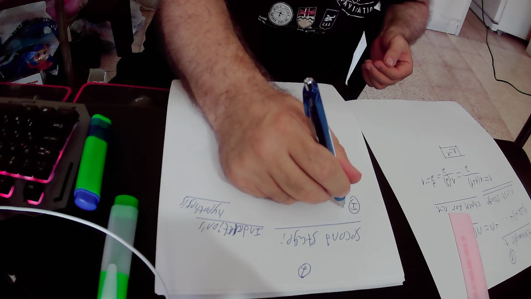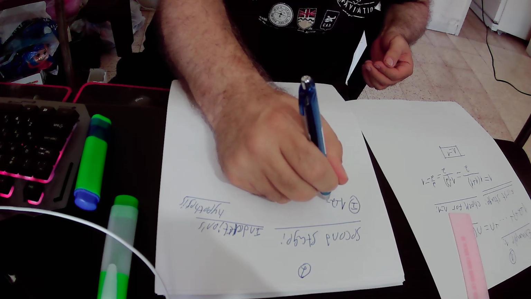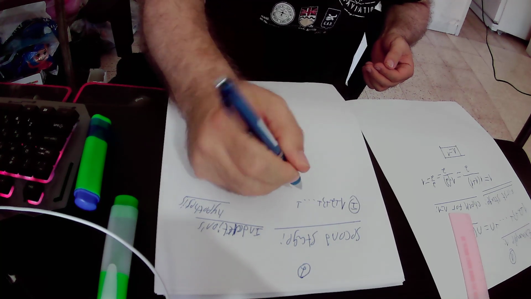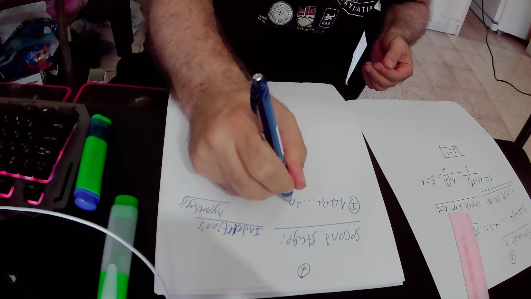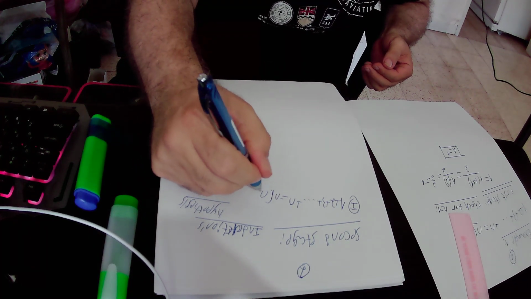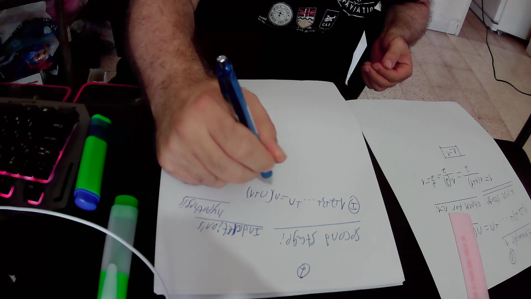So the expression for n will be 1 plus 2 plus 3 plus n equals n times n plus 1 divided by 2.